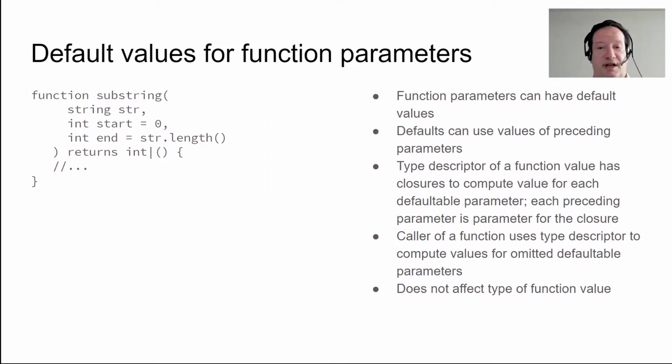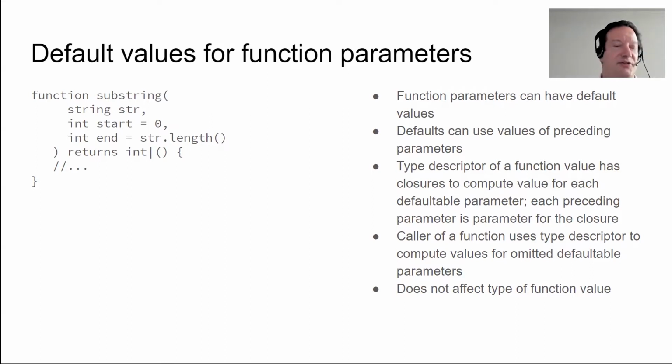That type descriptor contains closures for every defaultable parameter, which take the values of previous parameters as parameters. And it's up to the caller to use that type descriptor to fill in missing values.